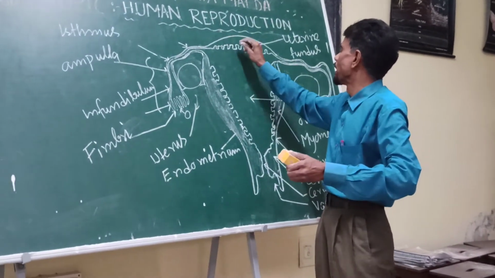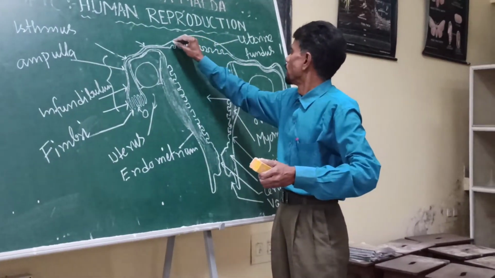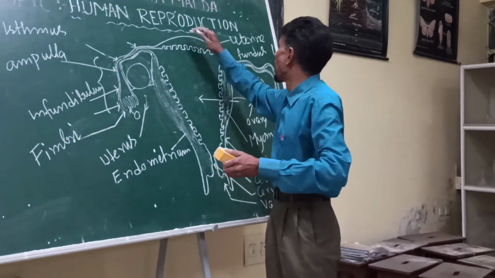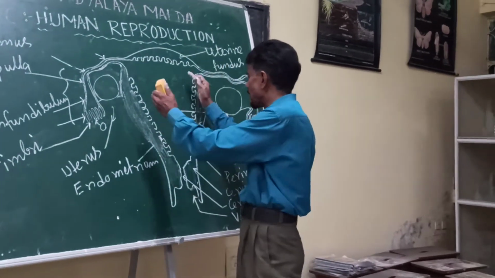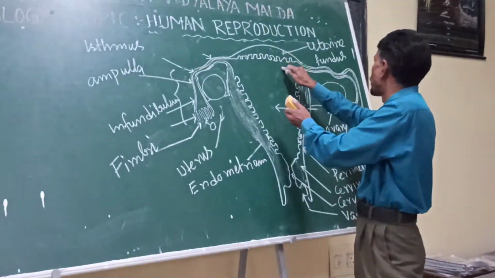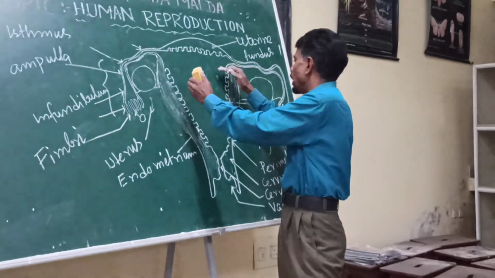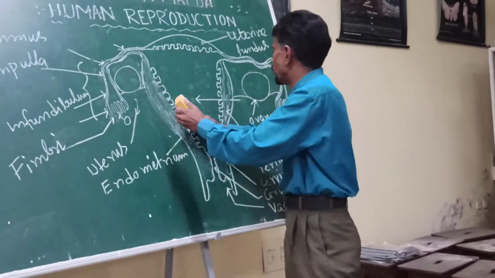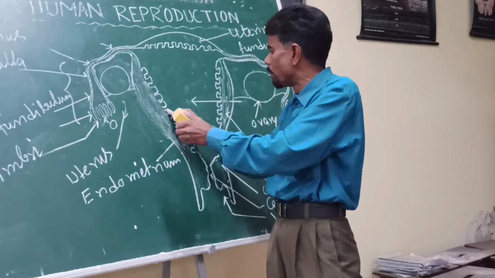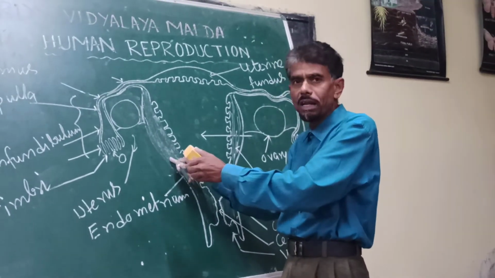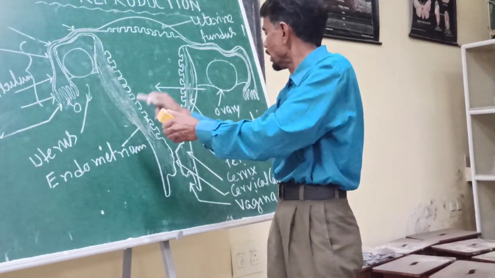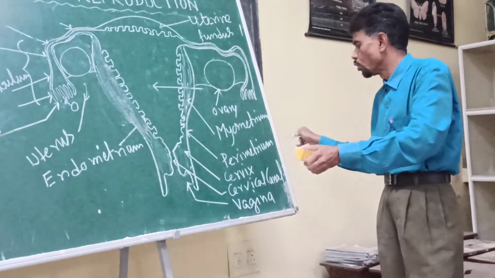So the common oviduct from both sides forms an inverted pear-shaped structure giving rise to the uterus, having an upper elevated part called the uterine fundus. The uterine wall is highly muscular, made up of three parts: endometrium, middle myometrium, and outer perimetrium.